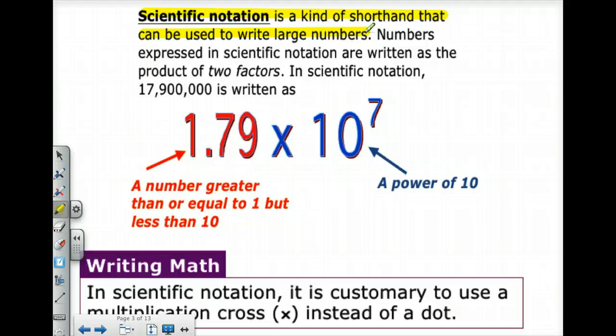Now your first factor must always be a number greater than or equal to 1, but less than 10, and your second factor is always going to be a power of 10. And please note that whenever we are working with scientific notation, you will use the cross instead of the dot in our multiplication.